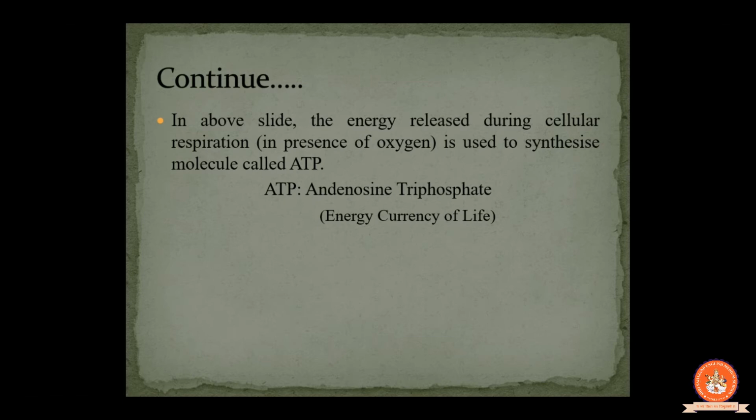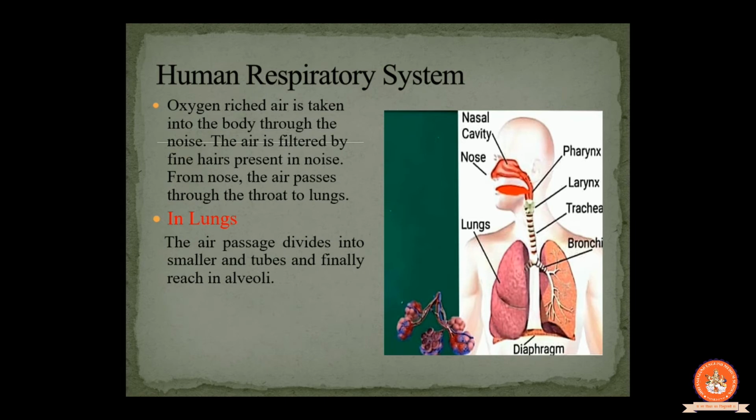Now moving forward to the new topic, that is the human respiratory system, or you can say respiration in humans. So let's start. Oxygen-rich air is taken into the body through the nose. So what happens when we take in the air which is oxygen rich? We are getting that air through our nose. That air is filtered by fine hair present in the nose.